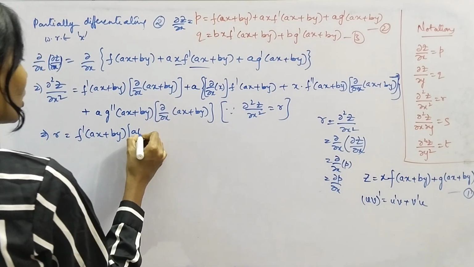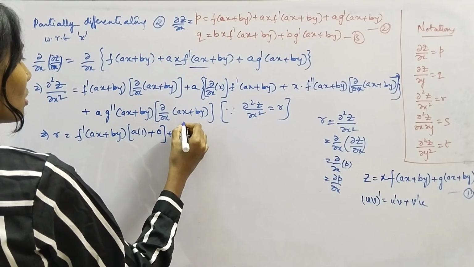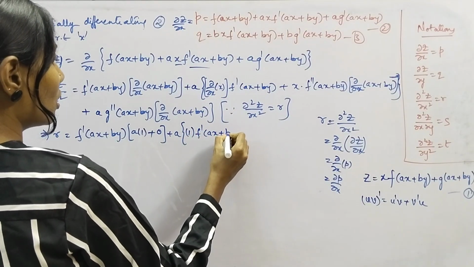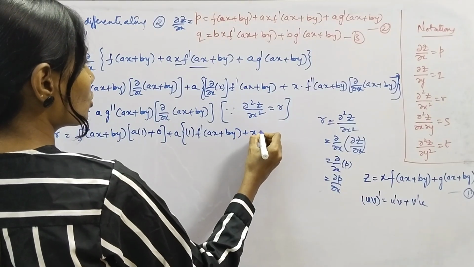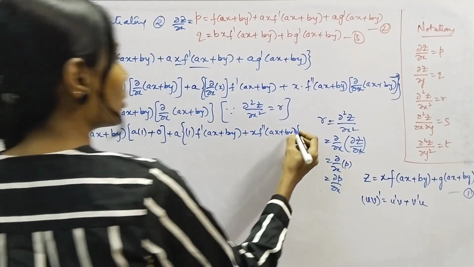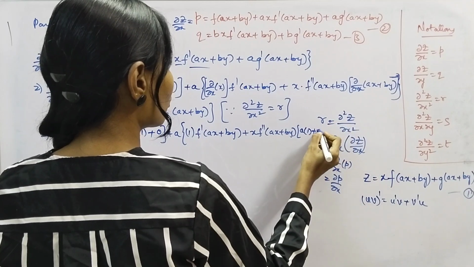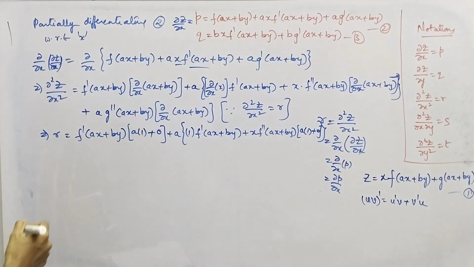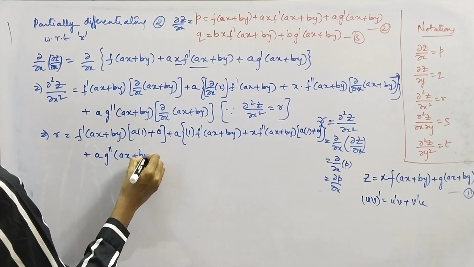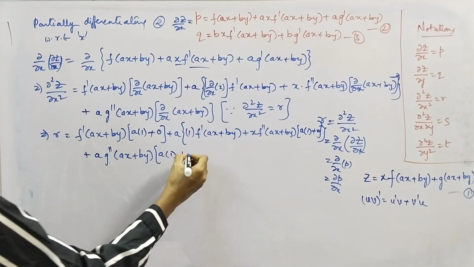A into the partial derivative of x with respect to x is 1, plus the partial derivative of by with respect to x is 0, plus a times the partial derivative of x with respect to x is 1 into f dash of ax plus by, plus x into f double dash of ax plus by into the partial derivative of a into the partial derivative of x with respect to x is 1 plus the partial derivative of by with respect to x is 0. Plus a into g double dash of ax plus by into the partial derivative of a into the partial derivative of x with respect to x is 1 plus the partial derivative of by with respect to x is 0.